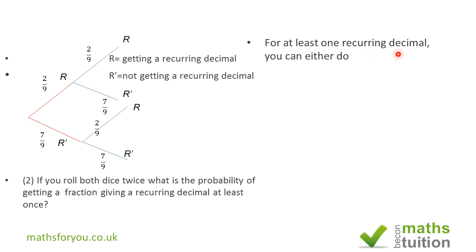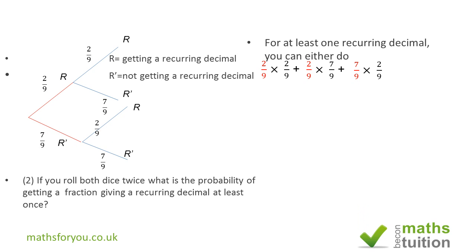So for at least one recurring decimal, you can either go down this branch here, 2 over 9 times 2 over 9, as we got there, which is 4 over 81. Or we can do 2 over 9 times 7 over 9, because in this case we've got one recurring decimal. Or we can go down this route of 7 over 9 times 2 over 9.